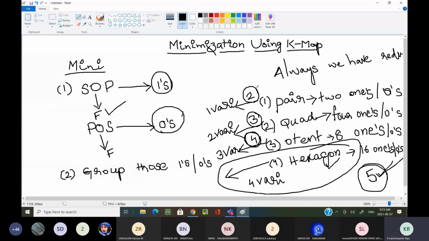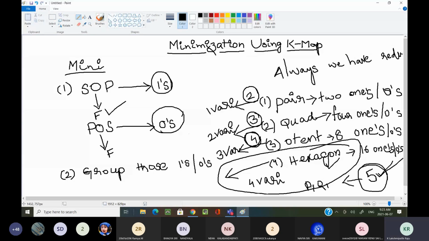Many students are thinking, sir, I can't form a pair. Here, what I am saying is, only if your expression has 5 variables can you form a hexagon. If it is a 5 variable, you can form a pair, you can form a quad, you can form an octant. Everything is possible.